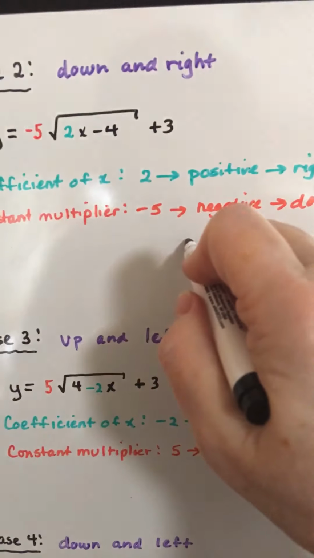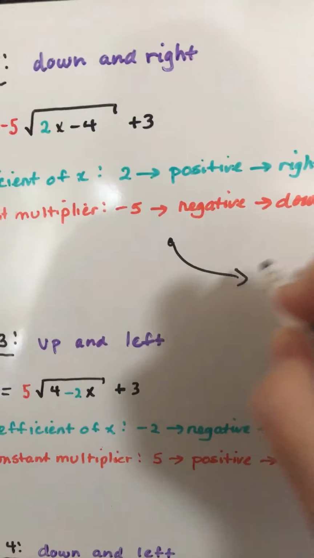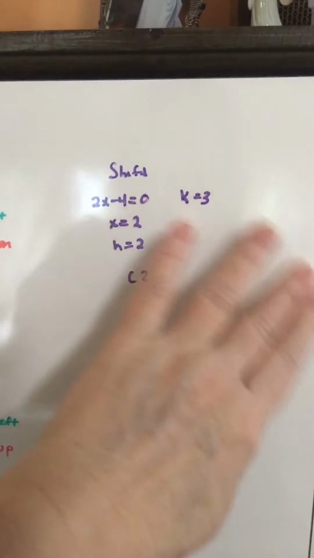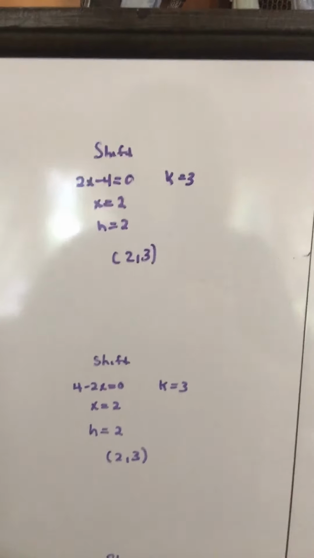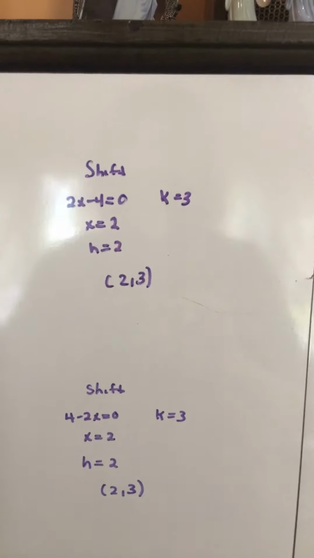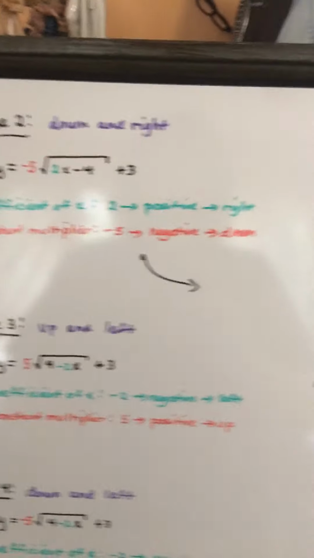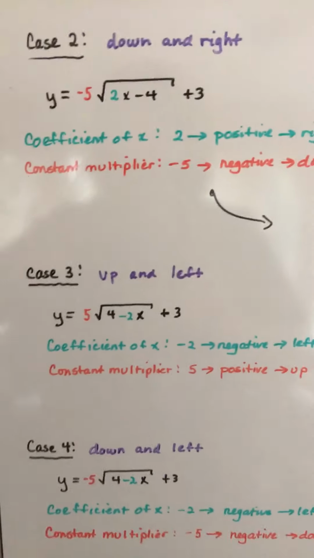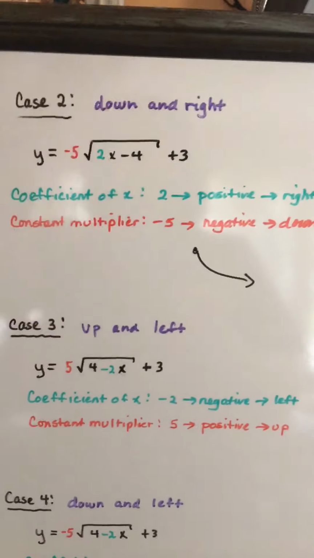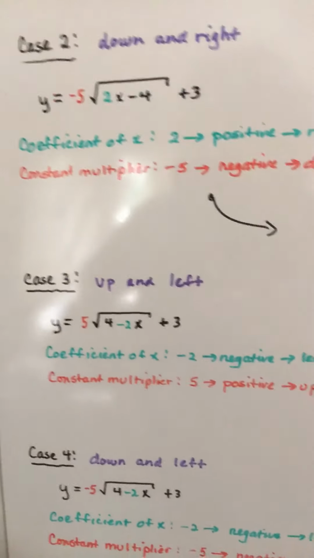And so this says I'm going to move right and down. So that would be the shape. Notice for all of these, I'm going to have them all have a shift of 2, 3 to show you that I could give you the same graph, and that's why you just can't look and say, this is what goes.